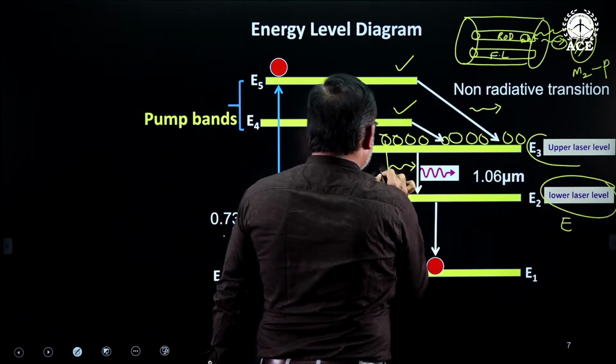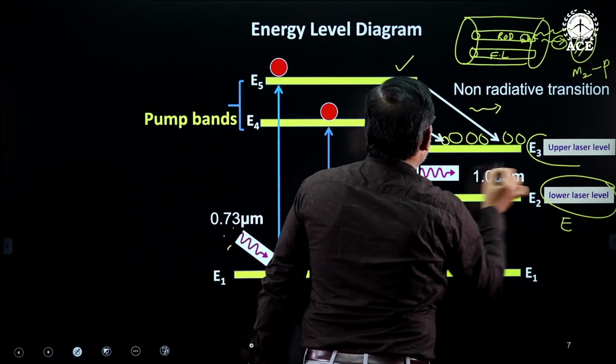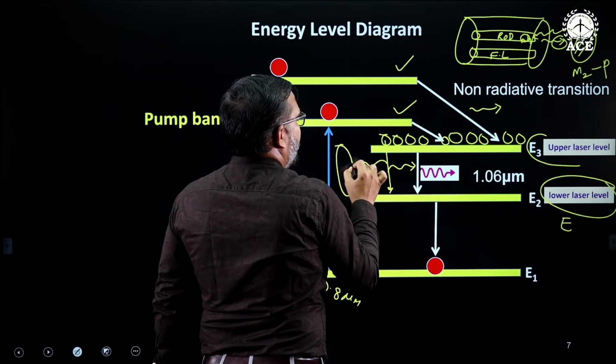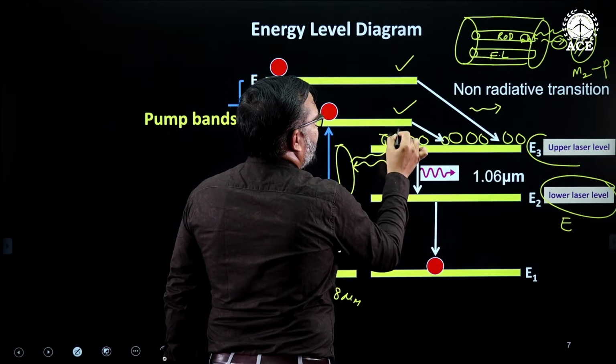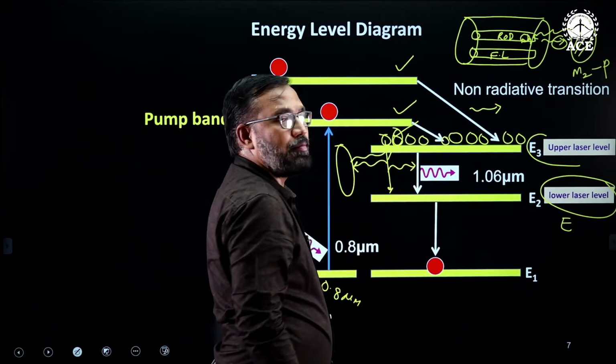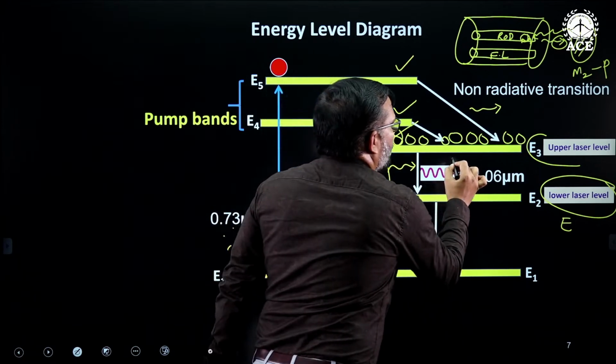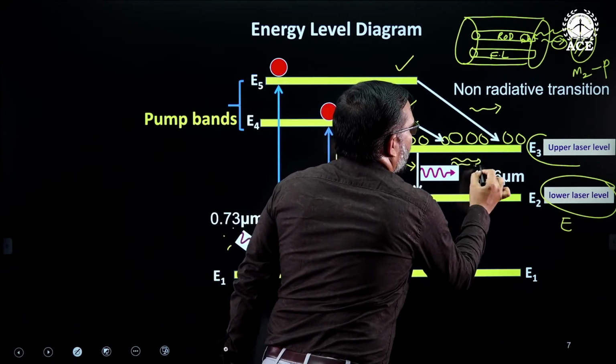So a neodymium ion already having the photon, now it releases two photons in coherent form.